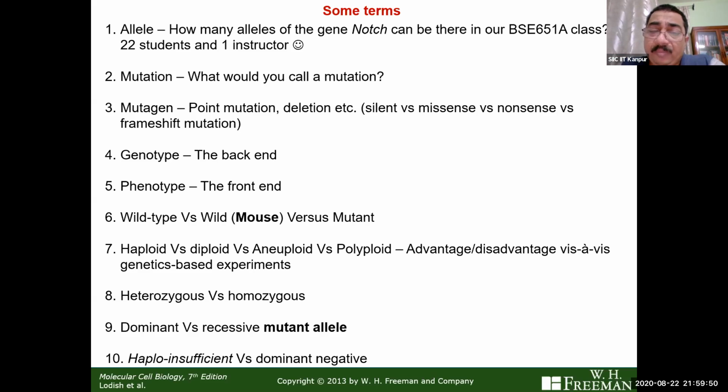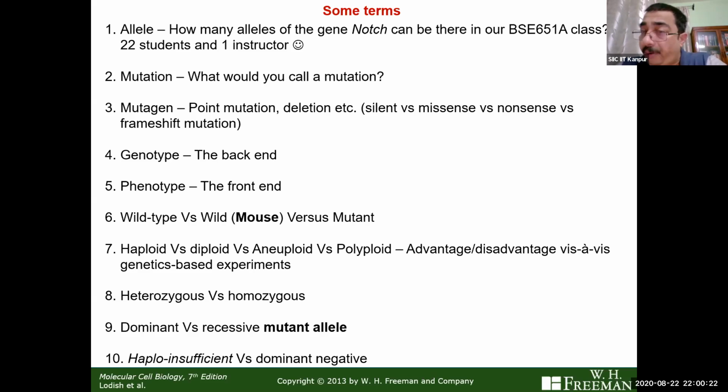What is a dominant and a recessive mutant allele? Dominant or recessive is always referred to in the context of an allele. The concept is that, irrespective of the presence of the other allele, if the characteristics are displayed because of one particular allele, then that is the dominant allele.